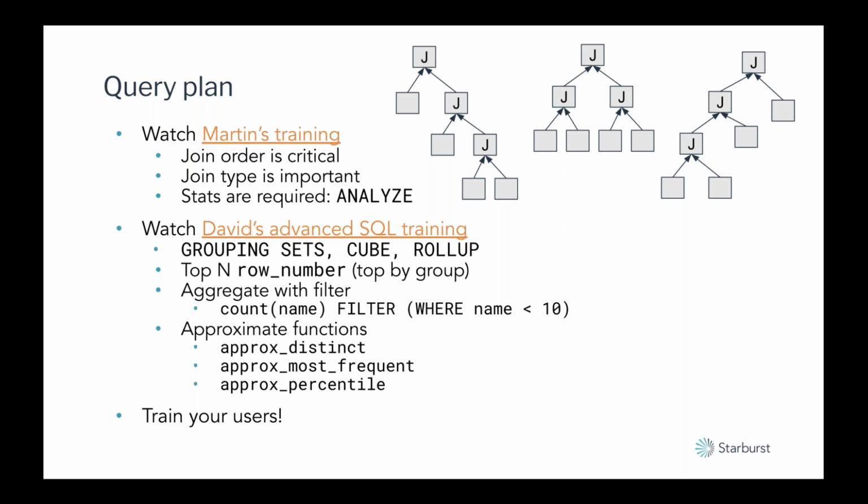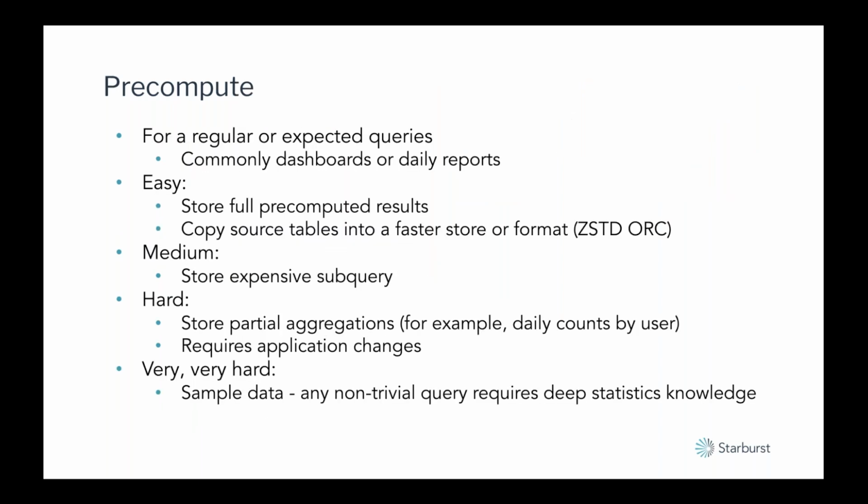One technique which we're going to talk a little bit more about, that wasn't covered by those, is pre-computing. This is a really common technique. For expected queries or regular queries that have a common shape, if it's the same query over and over again, you just run the query, put it in a fast store, and then use that pre-computed result instead of running it each time.